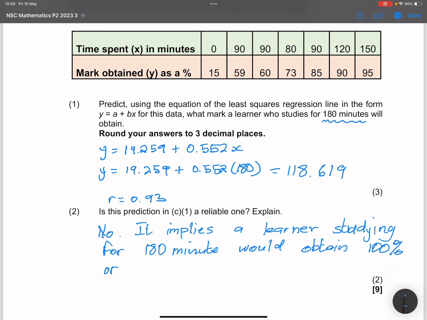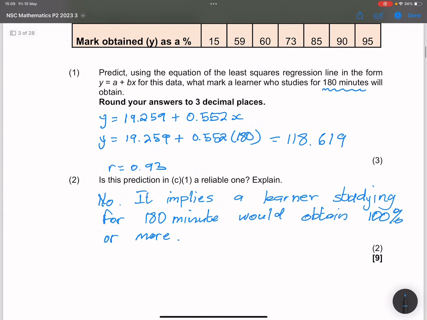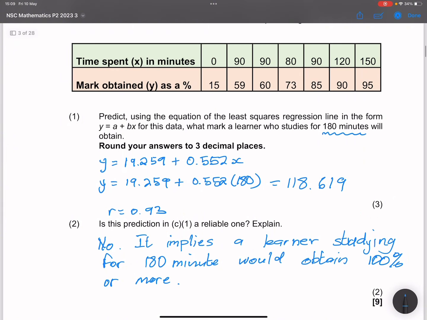In this case, please note that 180 would be outside of the range of your data, so it basically is an extrapolation. We are extrapolating in this case, and you cannot get marks that are greater than 100%. So it definitely is not reliable.